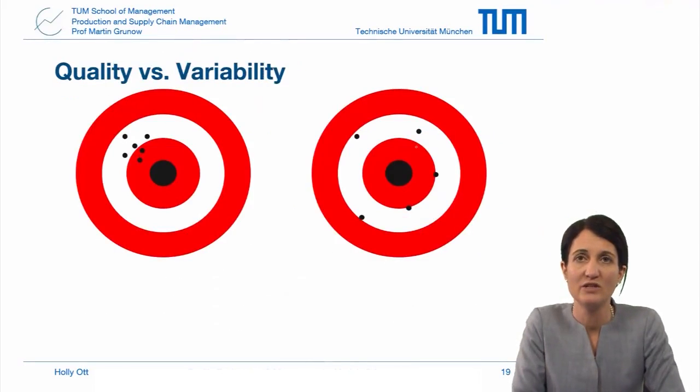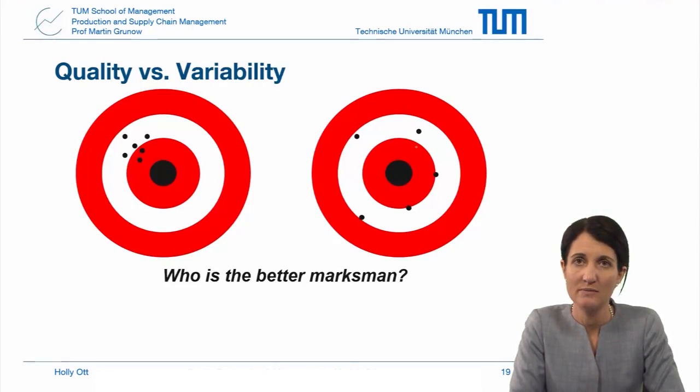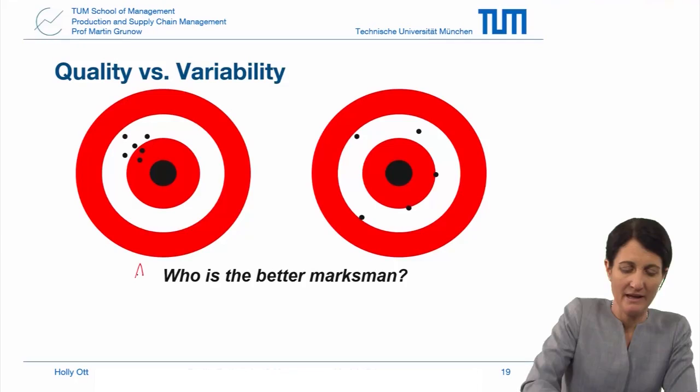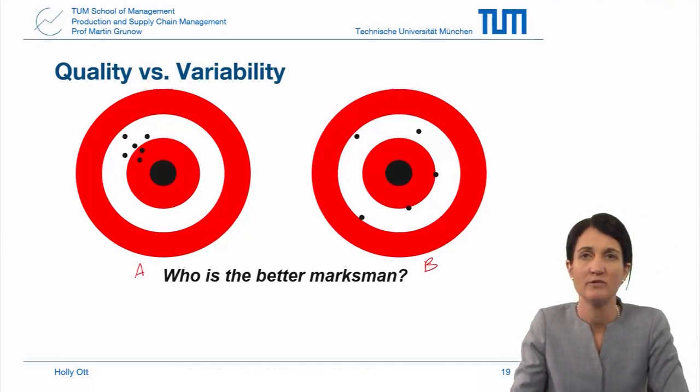A last note at the difference between quality and variability. Now here I have two bullseyes and two sharpshooters. Who is the better marksman? Is it marksman A or is it marksman B? What would you say?